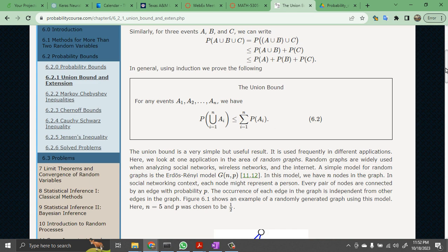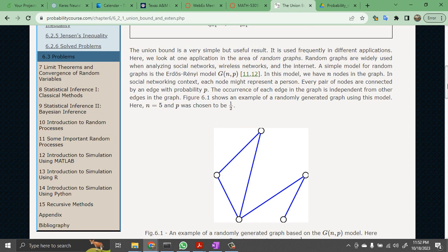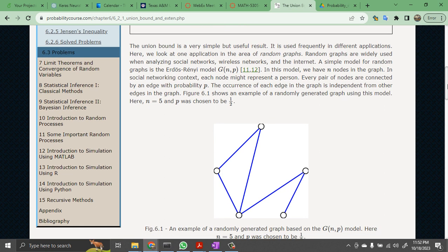Okay. So we have some example here, which is very nice. He talks about the case of random graphs. And you can generate random graphs in different ways, and they're used for different models. Sometimes they're actually used to model disease. Or here he says in social networking. Okay, so each node might represent a person, and the idea is that you have n nodes, which represent n people, and any 2 people are connected with probability p.